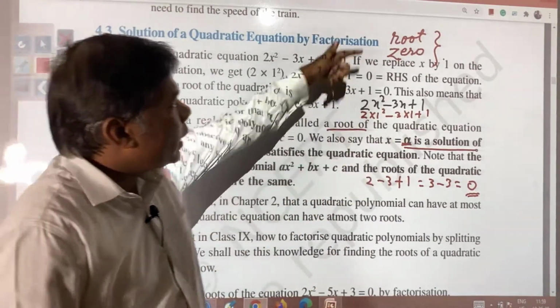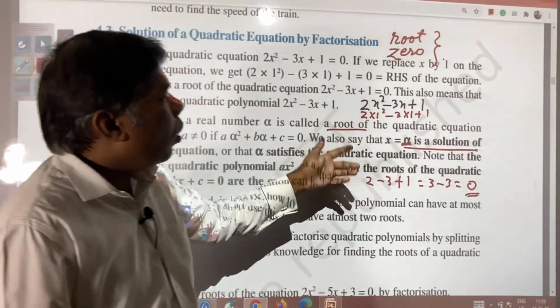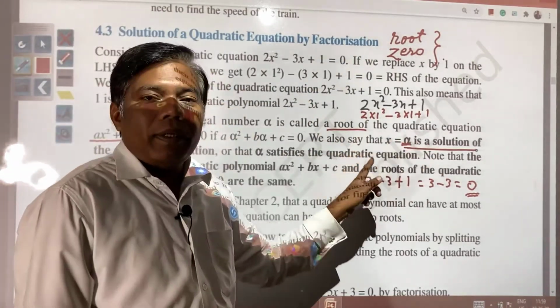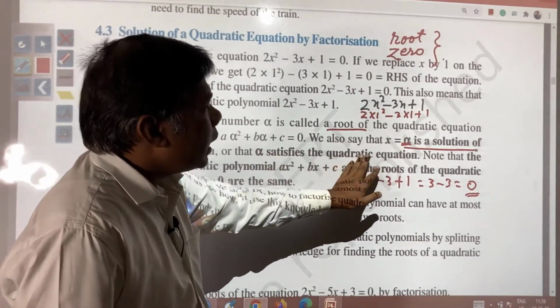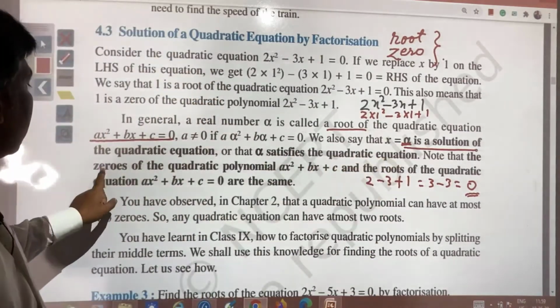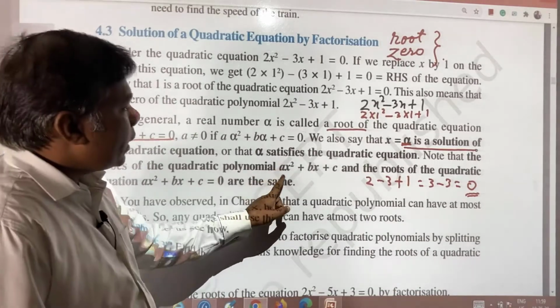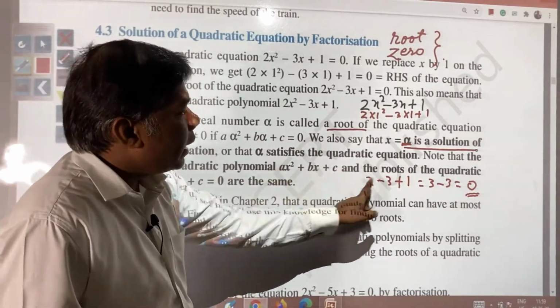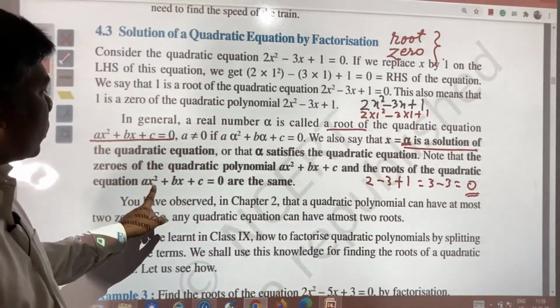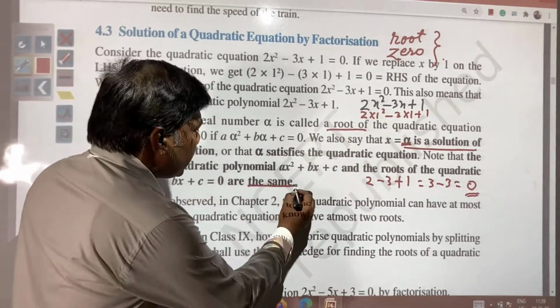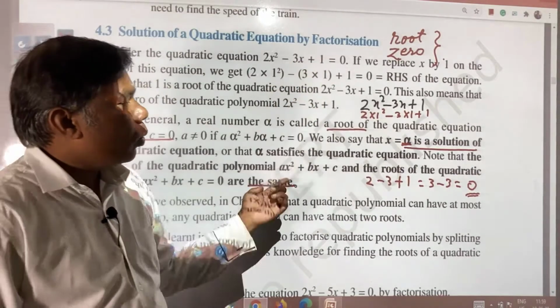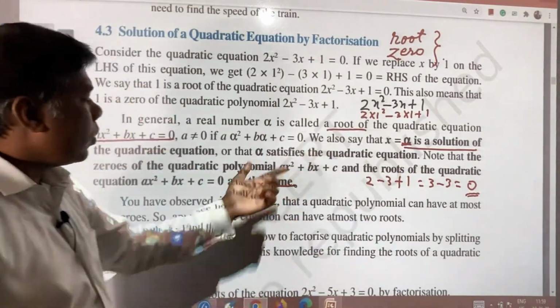It can be called a 0, root or solution of the given equation, or we say alpha satisfies the quadratic equation. The zeros of the quadratic polynomial ax square plus bx plus c and the roots of the quadratic equation ax square plus bx plus c is equal to 0 are the same.